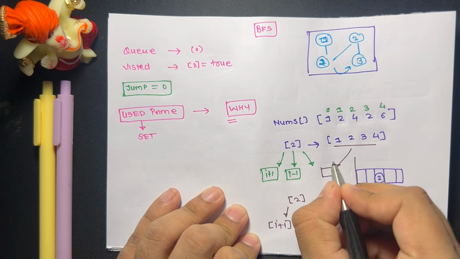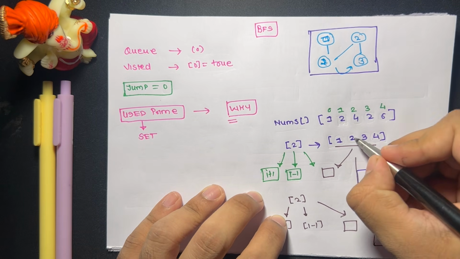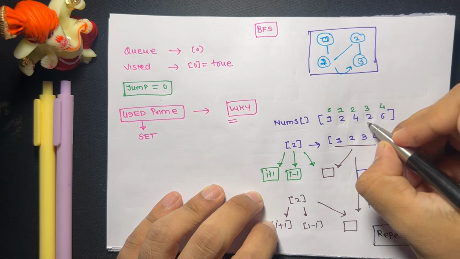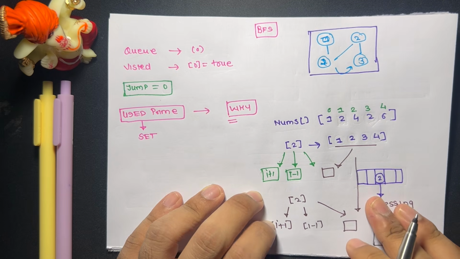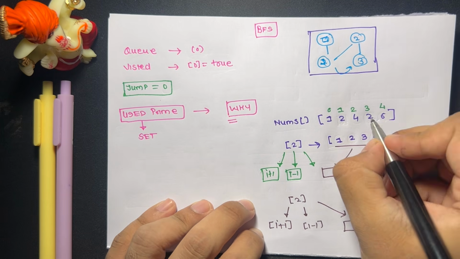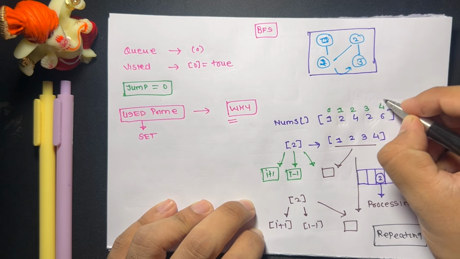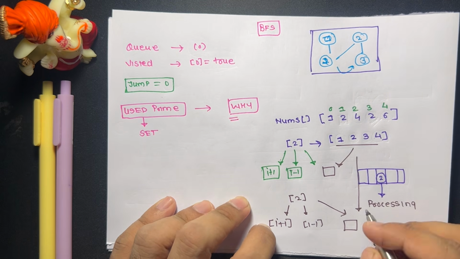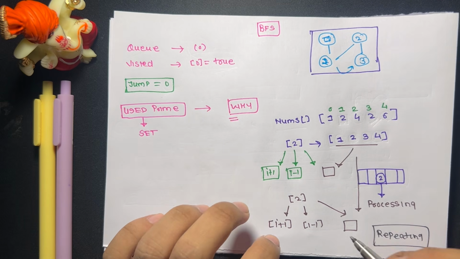After all the processing, the queue will have this 2 and this 2 also. Now when the processing is done for the second 2, from this index we can go to the neighbors here and here. But this also allows us to go through all the prime factor locations again.